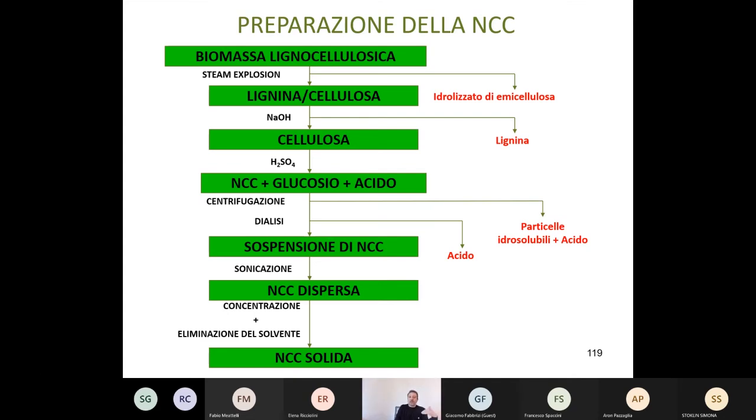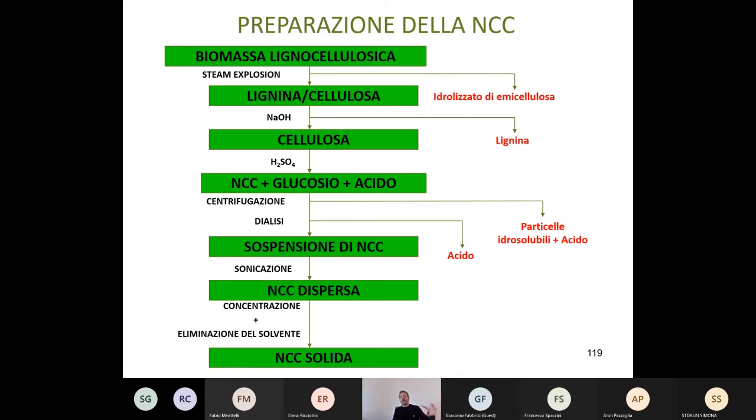But nanocrystalline cellulose has a value of approximately not 2,000, but 20-30 euros per kilogram. So it is an important economic value.